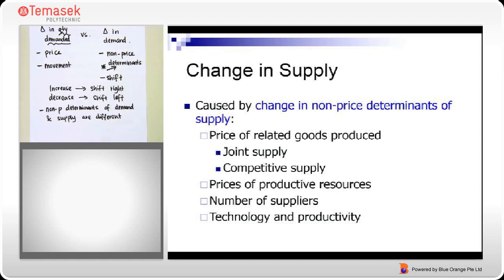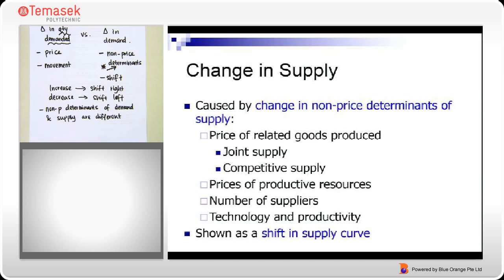So at any point in time, there is only one non-price determinant that will happen. So it will affect either the demand curve or the supply curve, which means you have to know all the non-price determinants of demand and all the non-price determinants of supply.